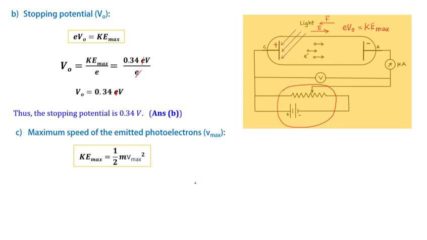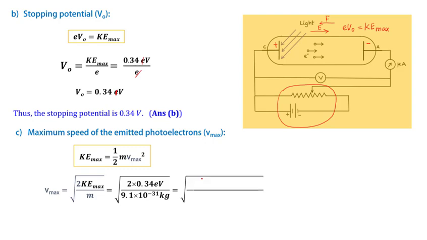So v max would be root over 2 times maximum kinetic energy divided by m. Maximum kinetic energy is 0.34 electron volts, and the mass of the electron is 9.1 into 10 to the minus 31 kg. We again apply the conversion factor for electron volts, that is the charge of the electron, 1.6 into 10 to the minus 19.